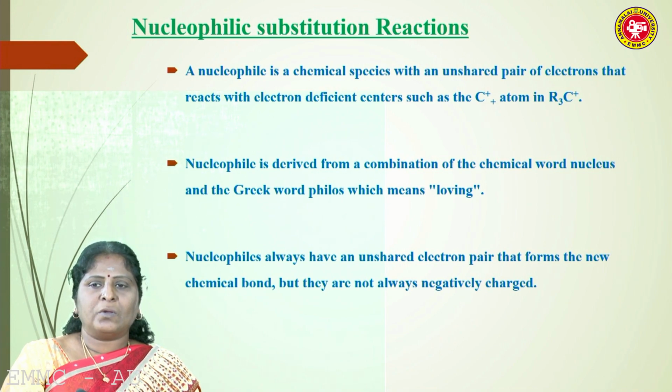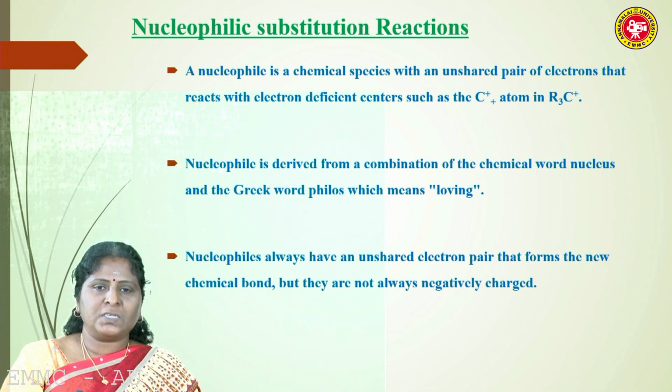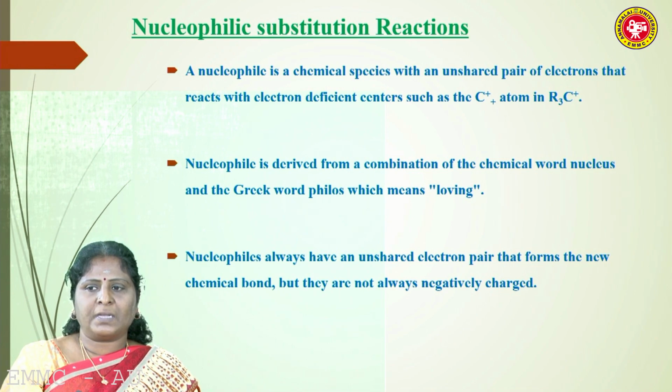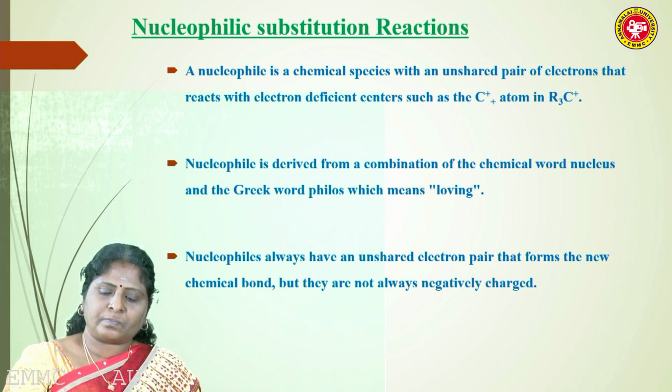Most often nucleophiles are electron richer species. In some cases, even a neutral species like water can act as a nucleophile. Nucleophiles always have an unshared pair of electrons that forms a new chemical bond, but they are not always negatively charged.